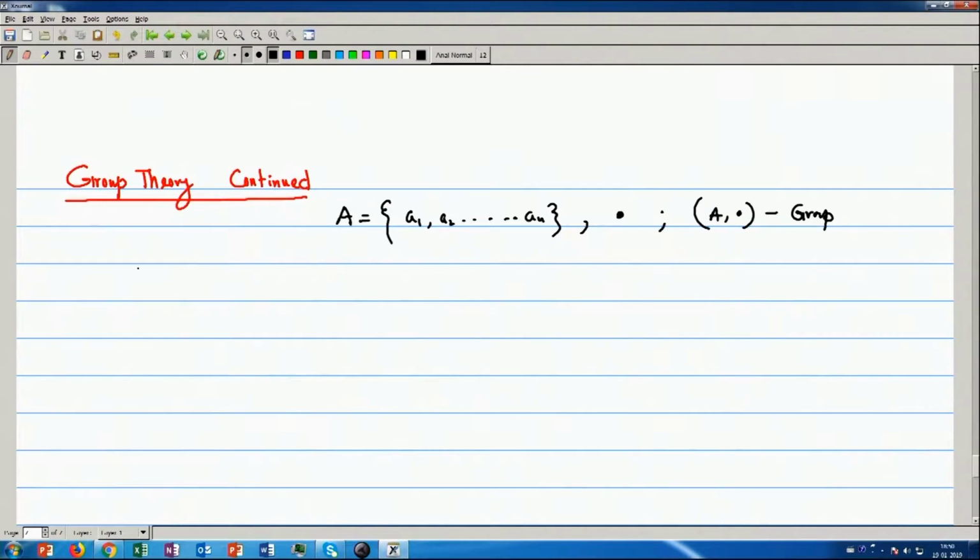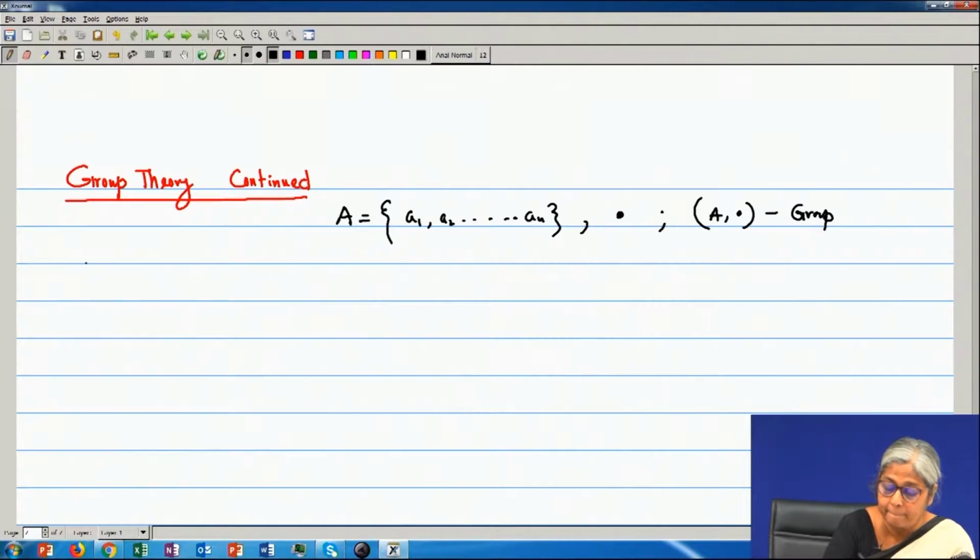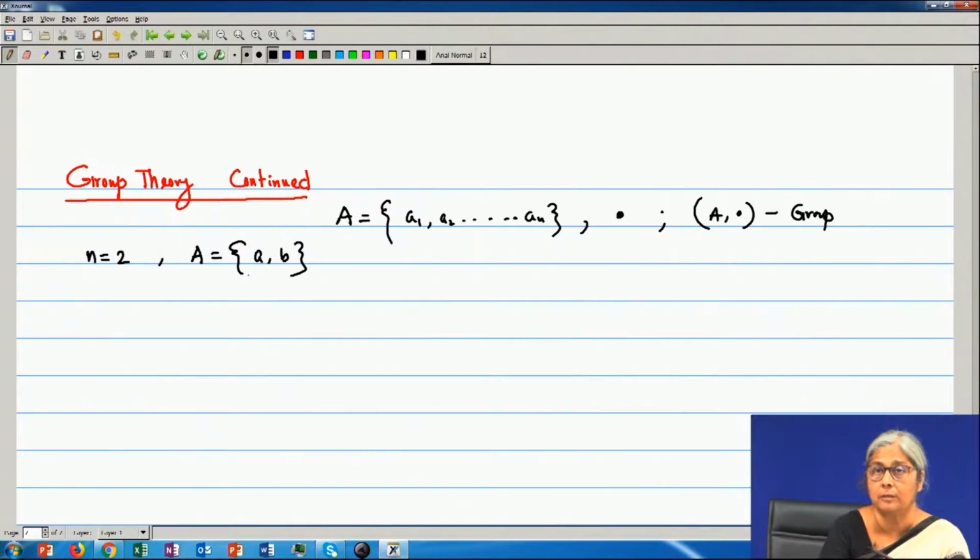Now, say n equal to 2. That means my set has two elements, and let these elements be A and B, and we take the operation dot such that A with dot forms a group.